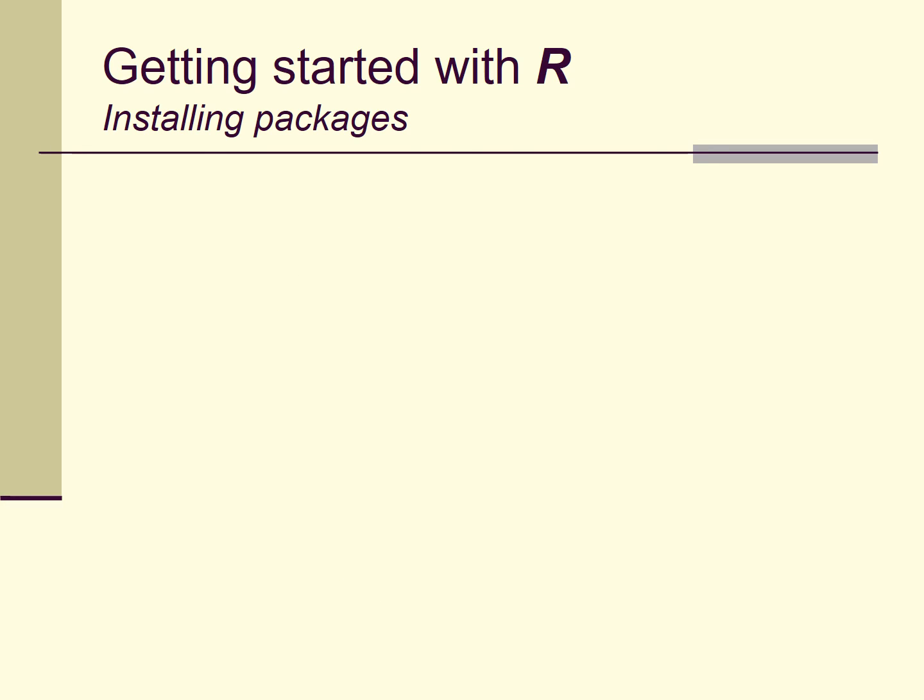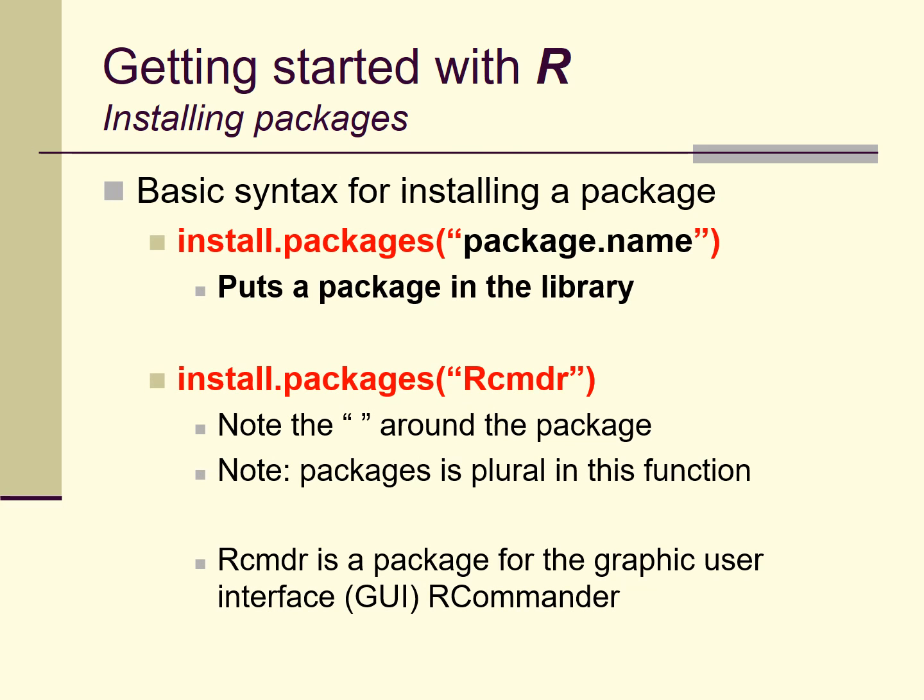So you want some packages, you've got a library or libraries if you want. The basic syntax for installing a package is install.packages("package.name"), and this will put the package in your library.